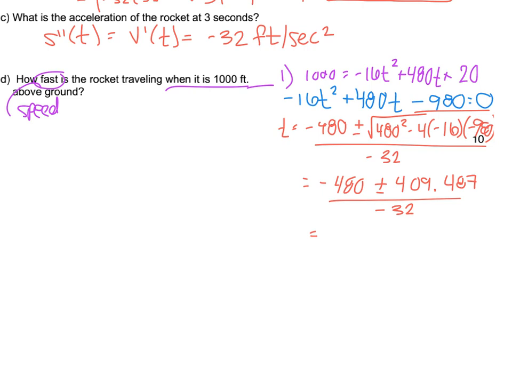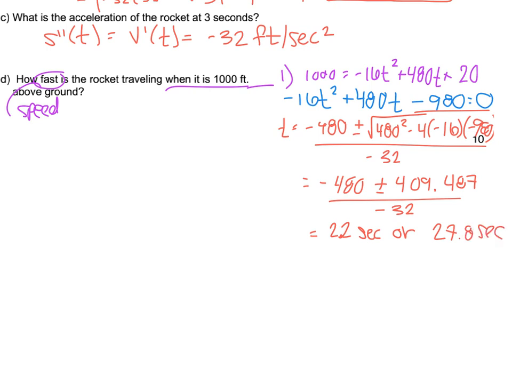So what that's saying is when we do the negative 480 plus 409.487 divided by negative 32, we end up with 2.2 seconds. Or when we do the negative 480 minus 409.487 divided by negative 32, we end up with 27.8 seconds.